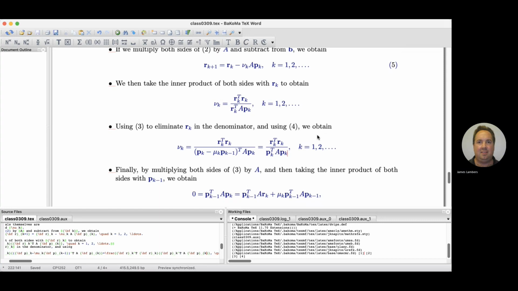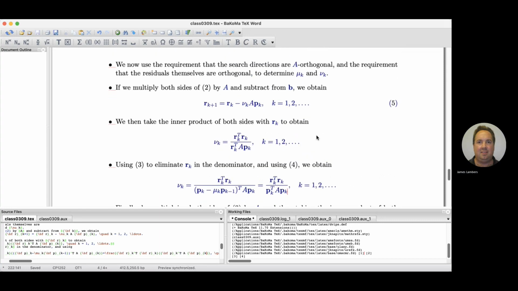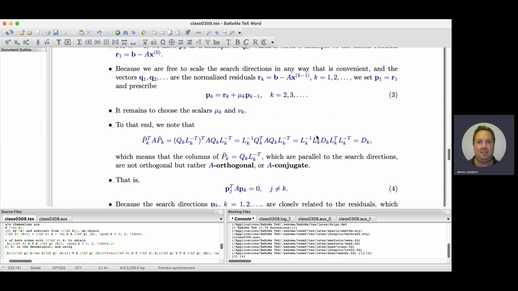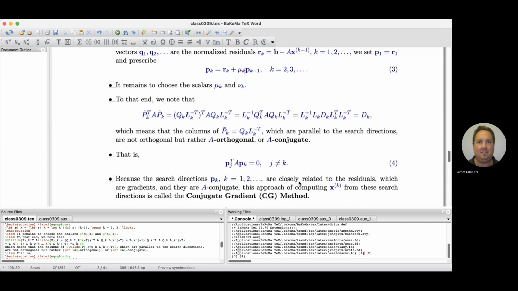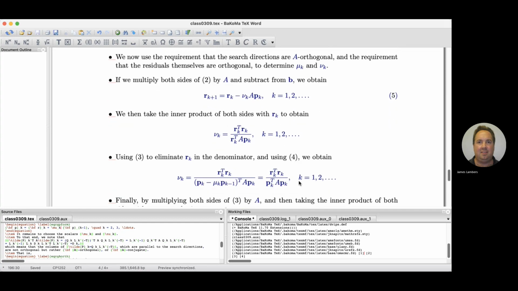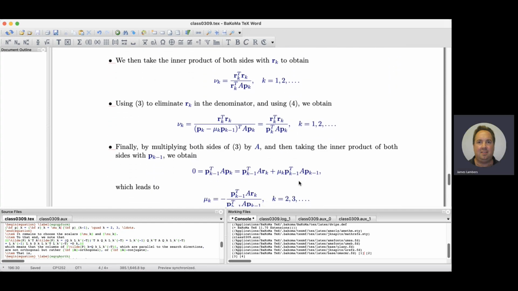Now, if I go back to this equation right here, I still have these unknown scaling factors I need to find, and I multiply both sides of it by A. And I take the inner product of both sides with p_{k-1}.